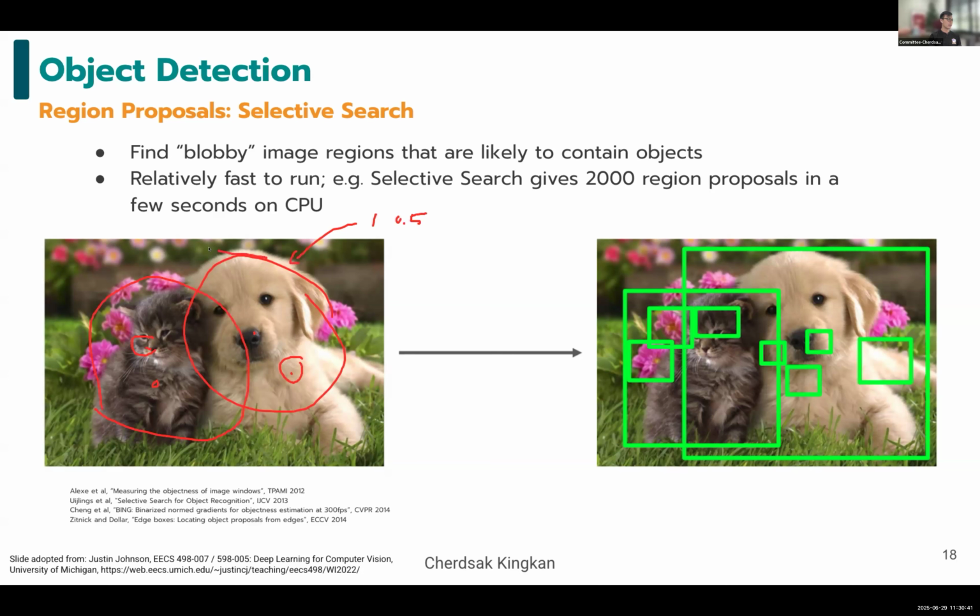So this area of the circle, you then convert the circle into a rectangle, right? So you would say that this would be a region of interest, and this would be another region of interest. So that is the region proposal. That's how the selective search works. Okay, clear? Yeah, so that's how we got from here to here. Yeah.